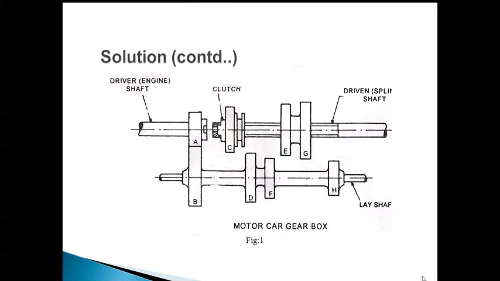Now we have a main shaft, that is the driven shaft. Here the driven shaft is a spline shaft. We already know what a spline shaft is: a shaft having keyways around it is called a spline shaft.